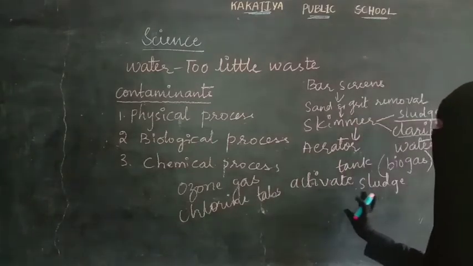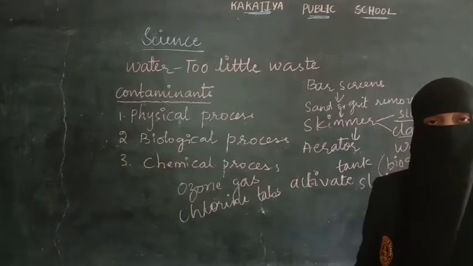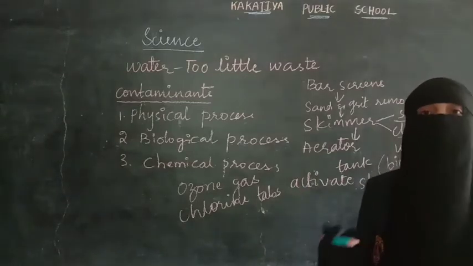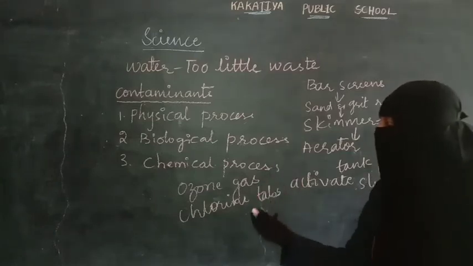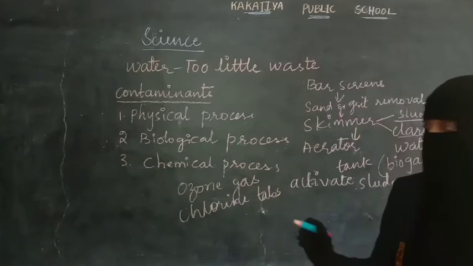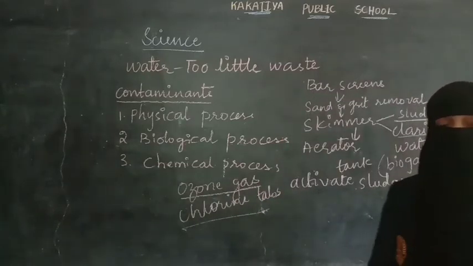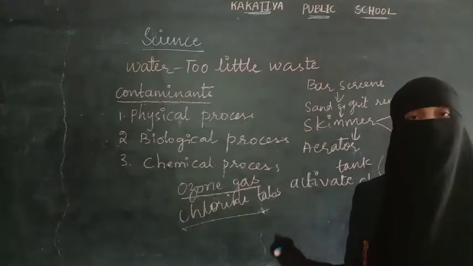Already the activated sludge is separated, but there may be a possibility that some microorganisms or germs are present, and then we have to remove them, right? So to remove them, they add disinfectants. What are the disinfectants here? Ozone gas and chlorine tablets. After adding these, they send it into different localities and different areas.